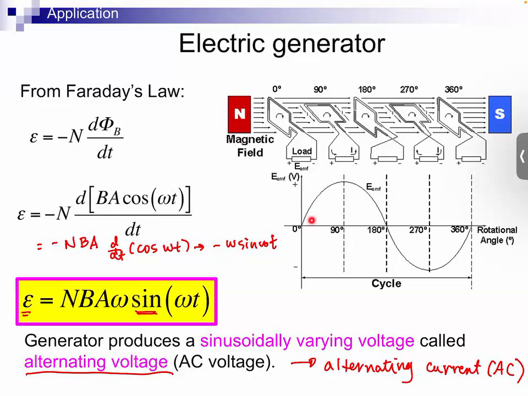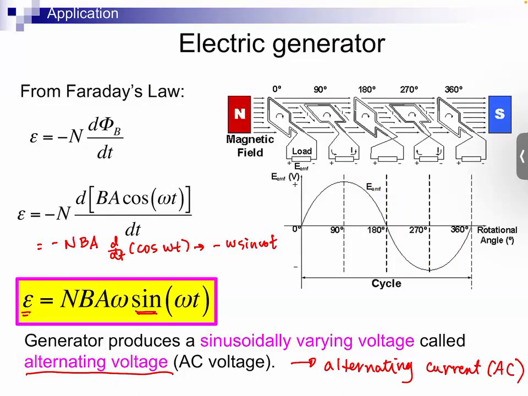Alternating because the coil alternates from maximum flux to minimum flux as it rotates in the magnetic field region. In essence, also the magnitude or the amplitude of the voltage and the current is alternating between positive and negative values.